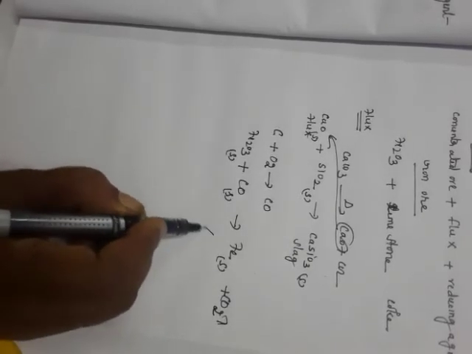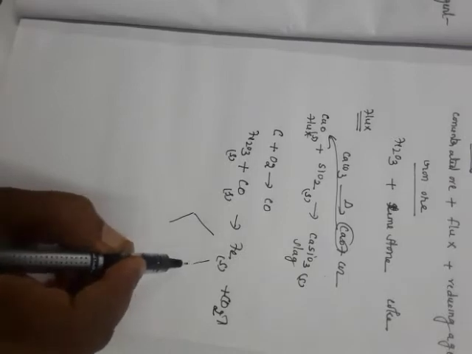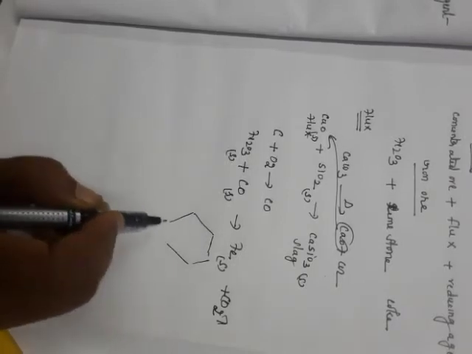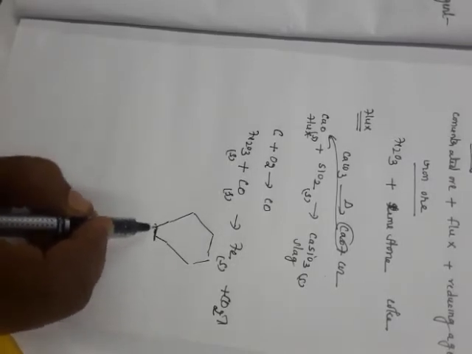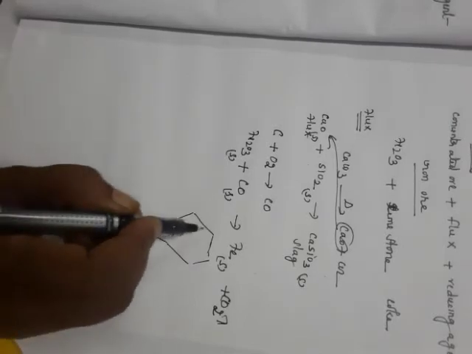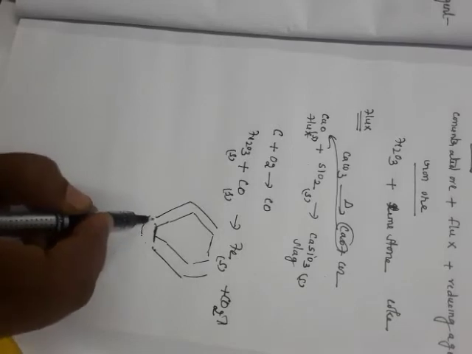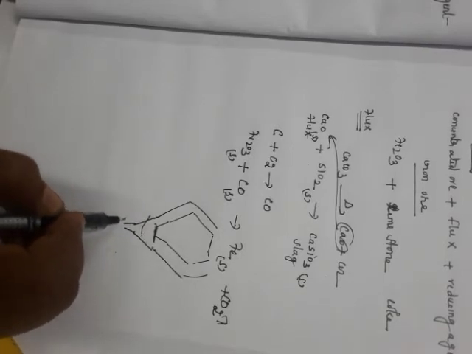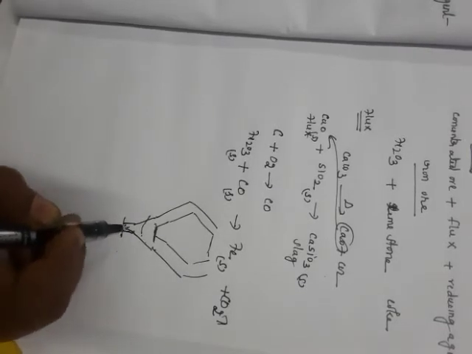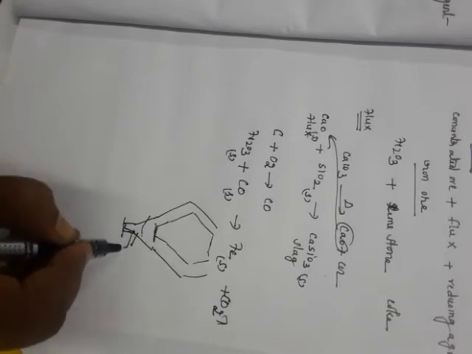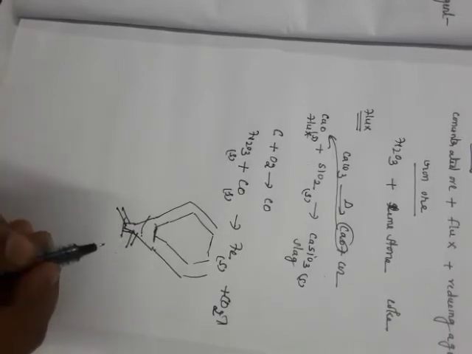Usually a blast furnace like this is taken. Slag is taken out like this, and metal is taken here.